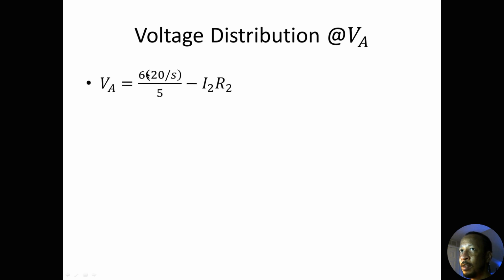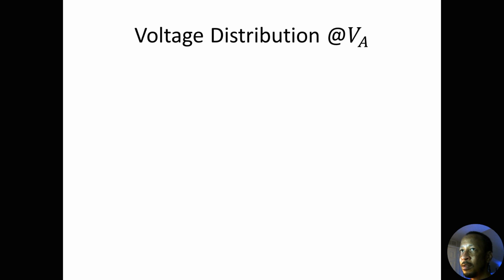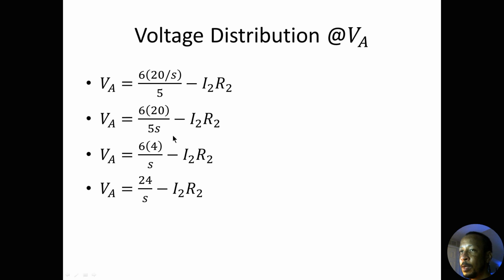With that being the case, then now I have 6 times 20 over S, okay, because that's what Vx is, and continue to simplify that, and then I get 6 times 20 over 5. Even before I multiply that in, let's further simplify that. 20 over 5 gives you 4. 6 times 4 gives you 24. And so we have that expression.